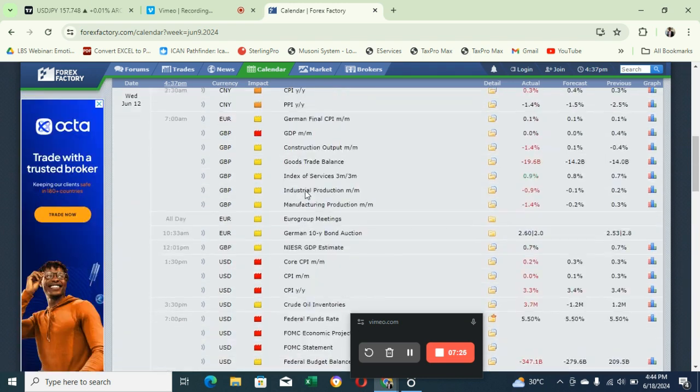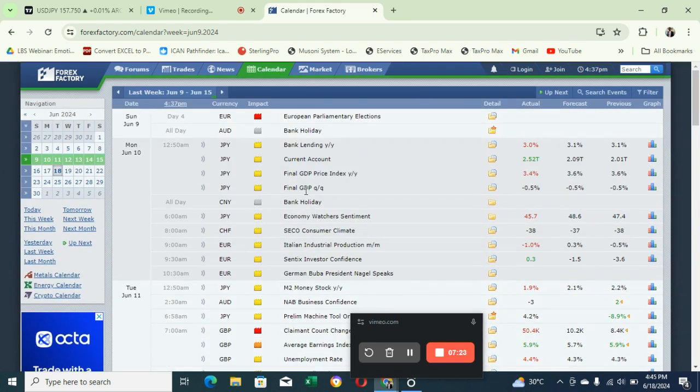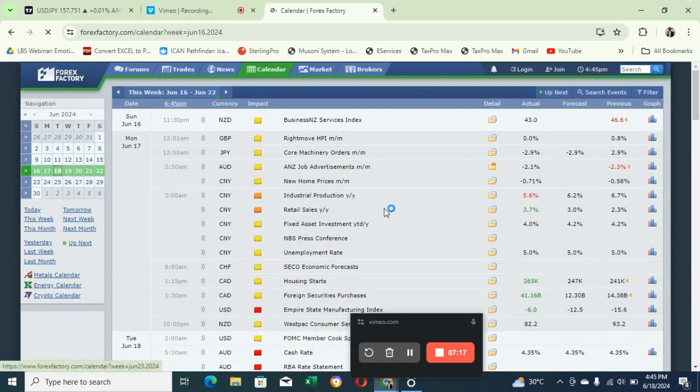There are other major news that may likely occur, but before you start the week, you have to check the news that may likely occur for that particular week. So you can browse around to know which one is going to be high impact news. You browse around the events that may likely happen.